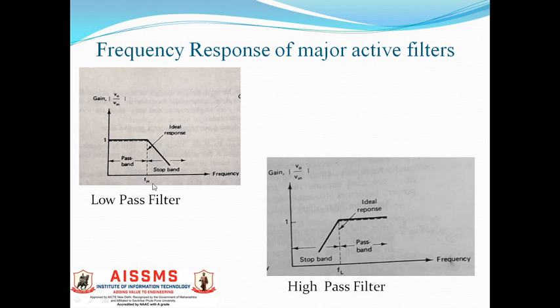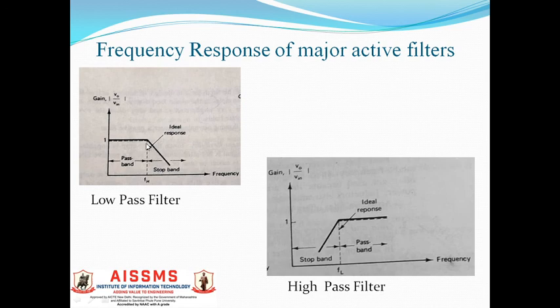Whereas after FH, the higher cutoff frequency, as the frequency of the signals increases, the gain of the circuit goes on decreasing. The bandwidth of this is called FH, right?